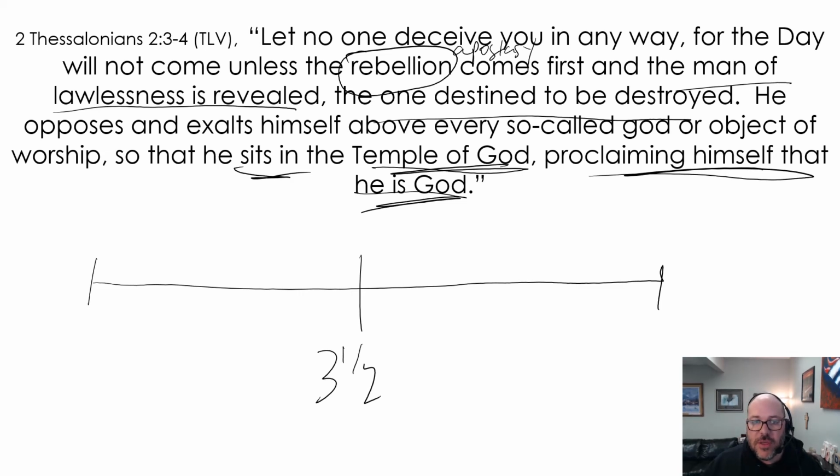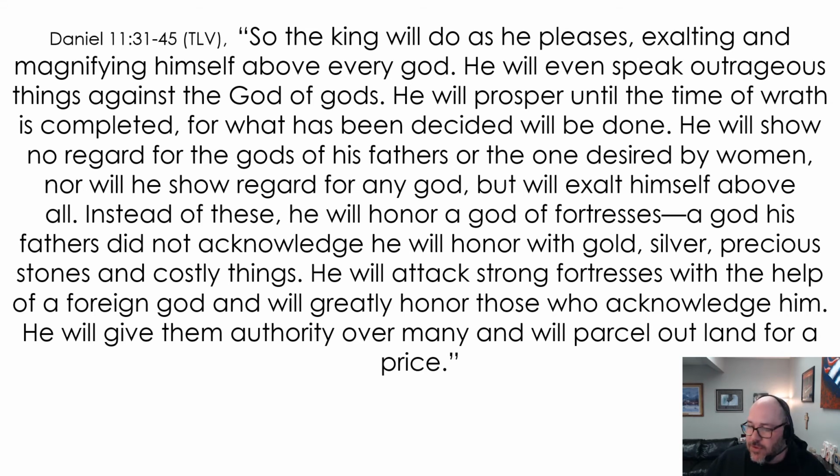So let's look. Daniel chapter 11 picks it up right here. He says this. So the king, now this is after he has turned his forces against Israel, after he has stopped the temple worship and the temple offerings, after he has come in and set up the abomination of desolation, as he has seated himself in the temple of God, then the king, that is the Antichrist, he is the king of the north, he will do as he pleases.